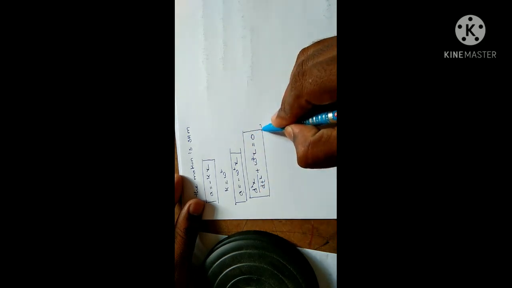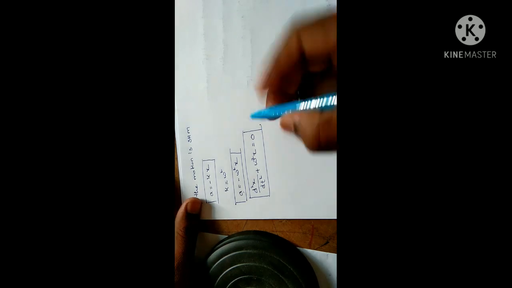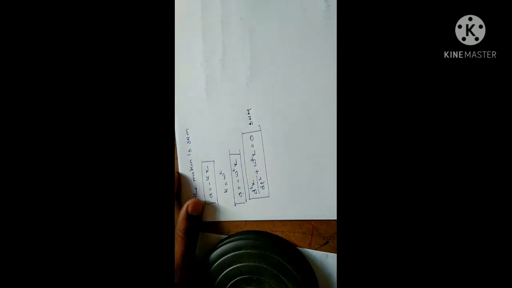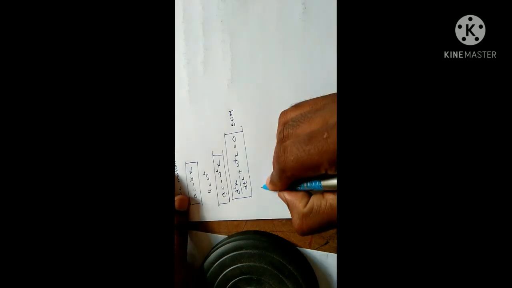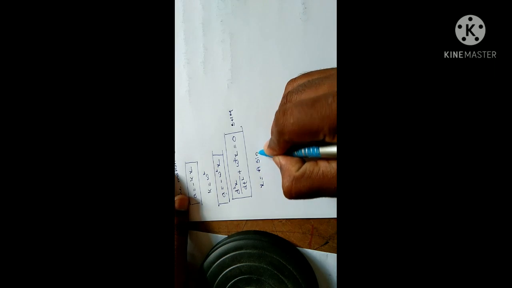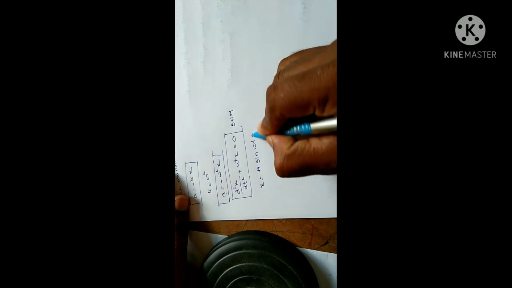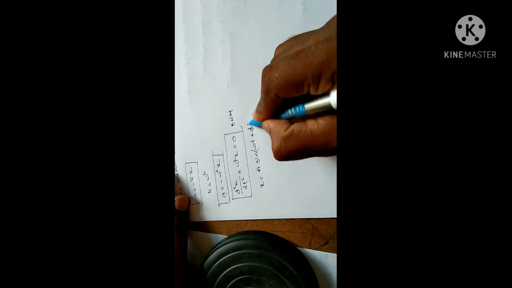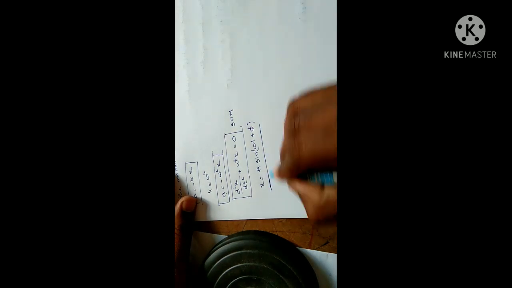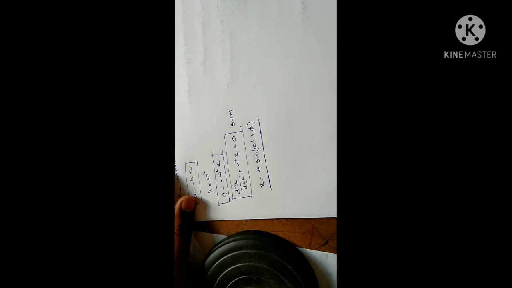This is the mathematical equation which represents SHM, and the solution of this comes to be x is equal to a sine (omega t plus phi).